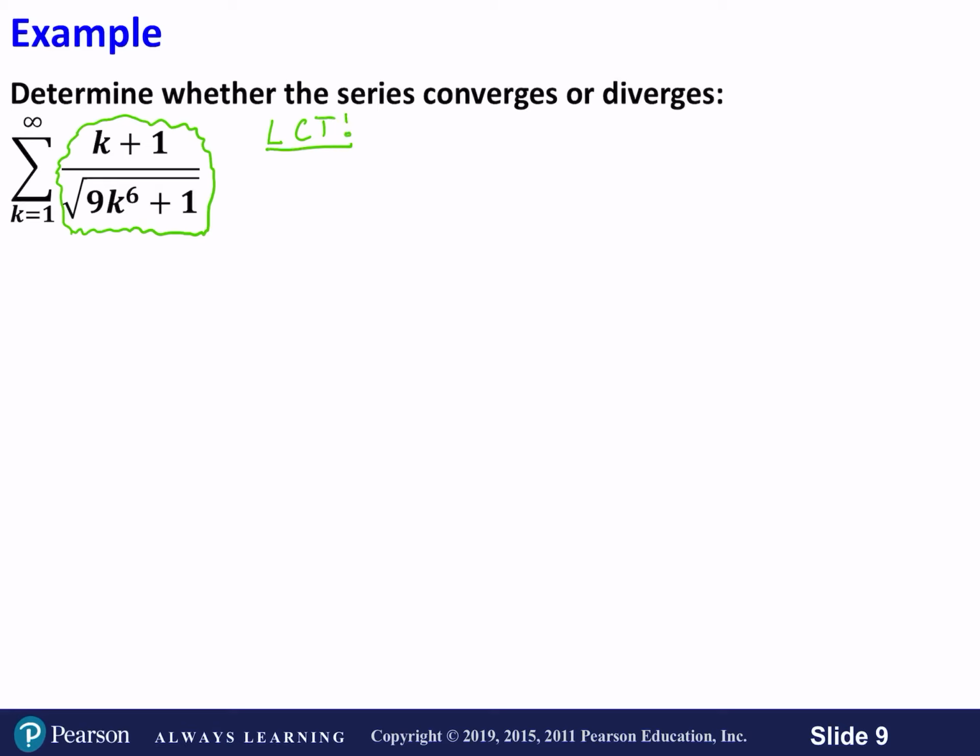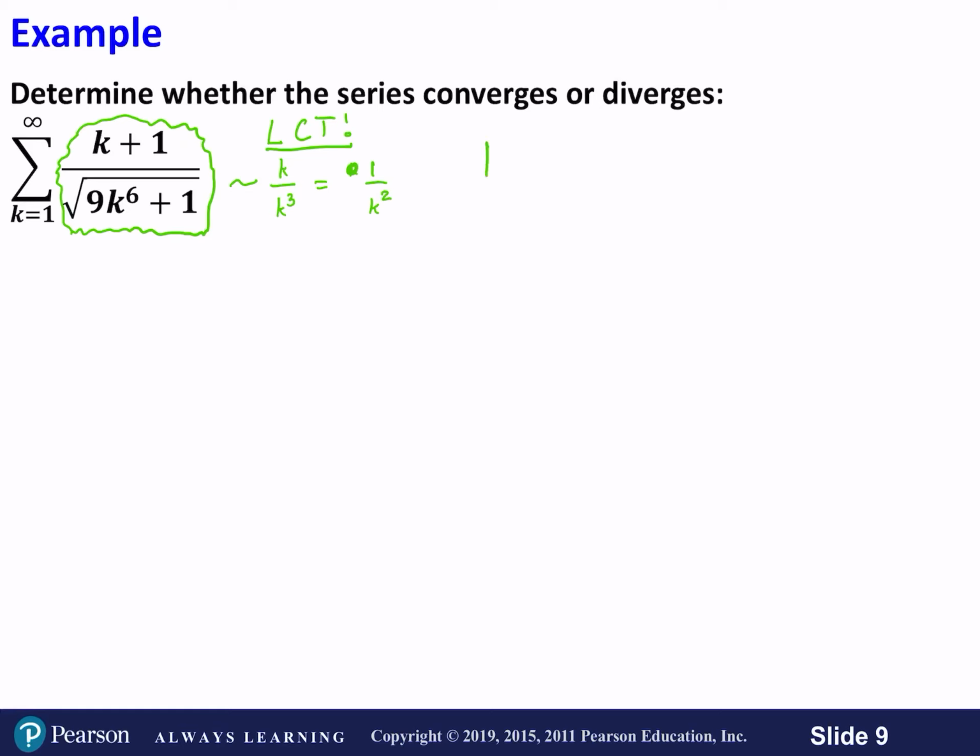And the reason we know that the limit comparison test is preferable is because this thing looks approximately like a rational function. Specifically, the numerator looks like k and the denominator is the square root of k to the 6th, so we can just consider this as like k cubed. And so the thing to compare to would be 1 over k squared.